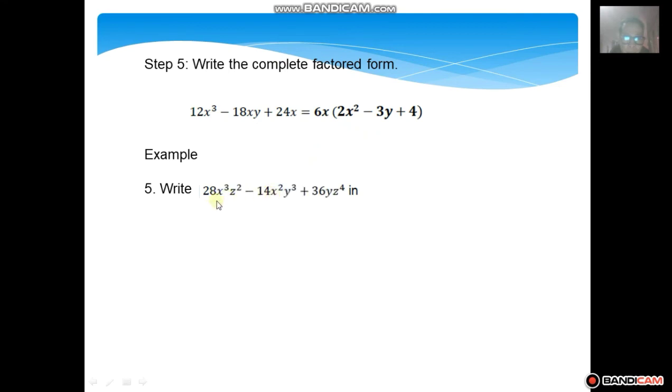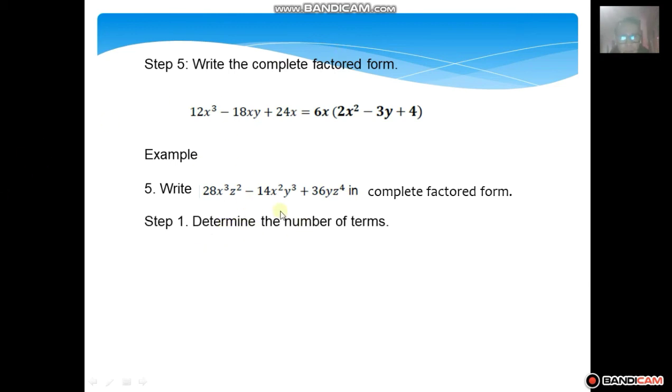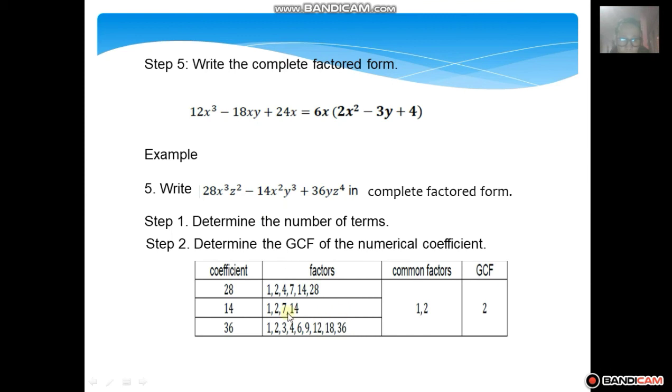Next example. Write the expression 28x cubed z squared minus 14x squared y cubed plus 36yz raised to 4 in complete factored form. We will do the same. The number of terms that we have here is 3: 1, 2, and 3. Then, we will determine the GCF of each numerical coefficient by doing the same process.